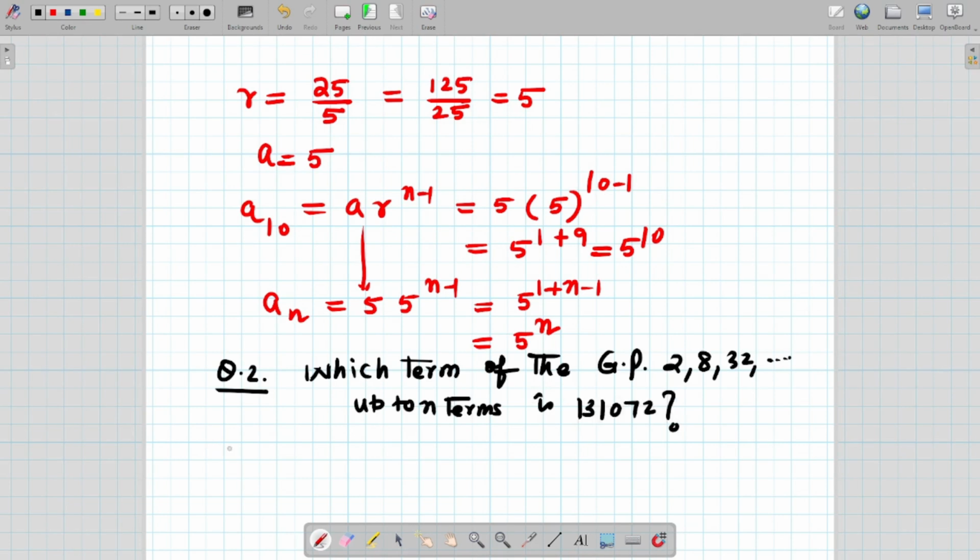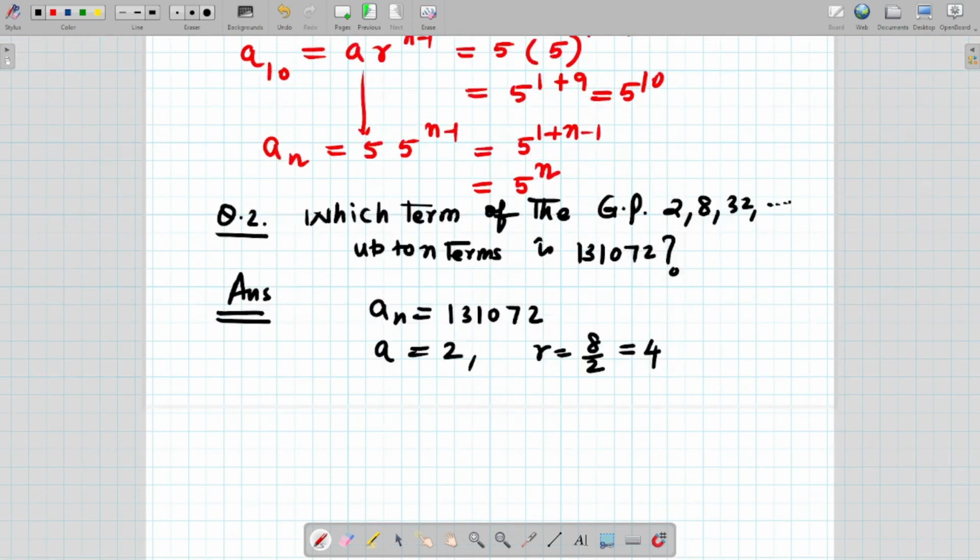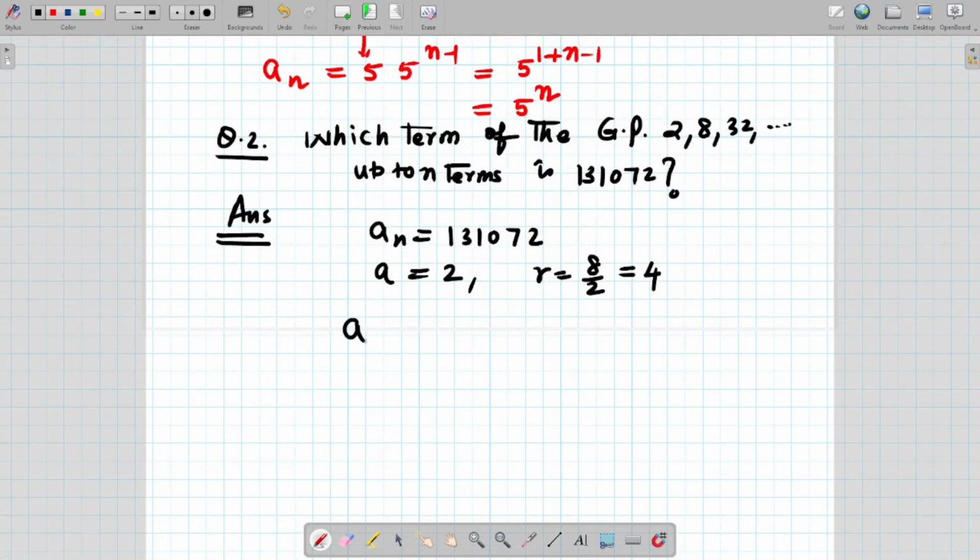Let's write down the answer. What is it that we shall get? So we are already given the term an is 131072. Okay, and a की वैल्यू क्या है, 2, and r की वैल्यू क्या है, 8 upon 2, which is 4.